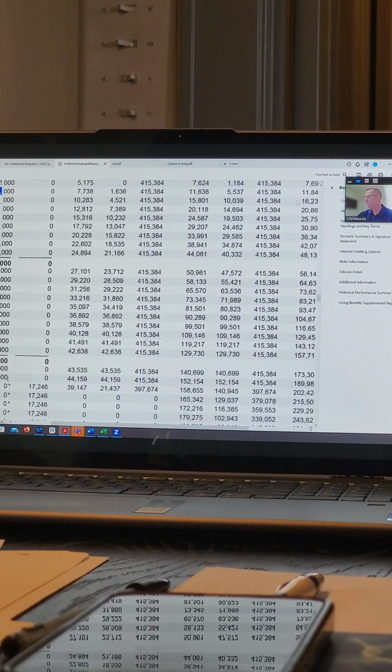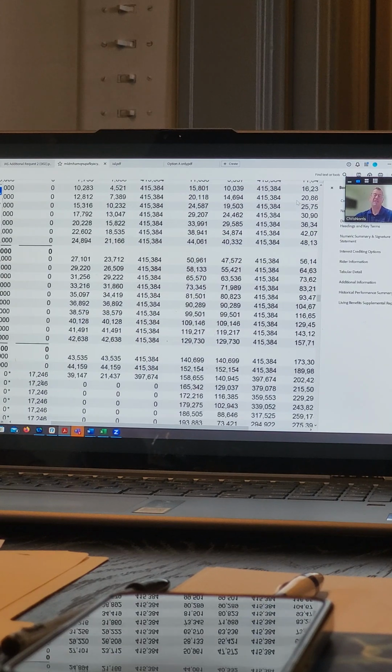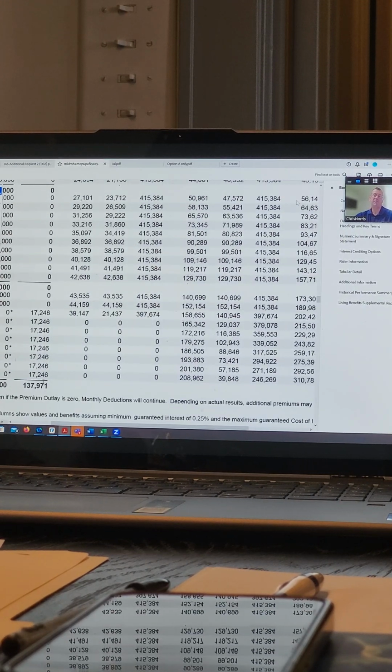So he put in $6,000 a year for 22 years. We paid $132,000, and it projected to pay him $17,000 a year from 65 until he was 90. So it paid him $431,000. He put in 130 and it paid him 4 times that in income.